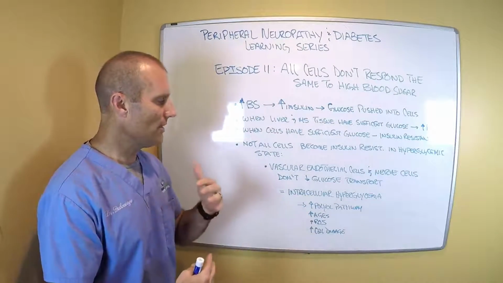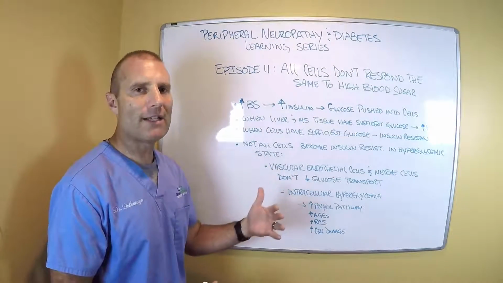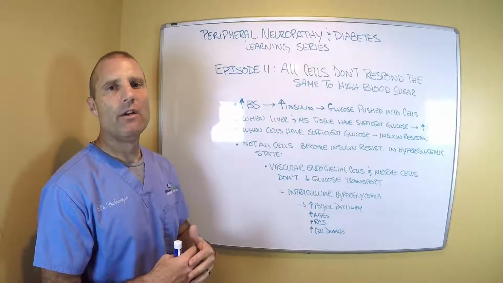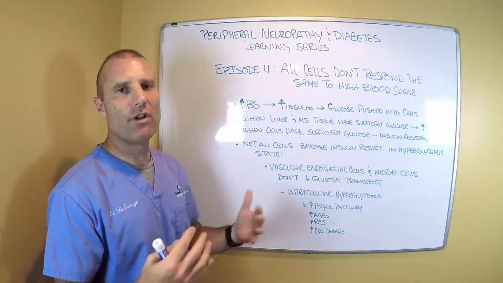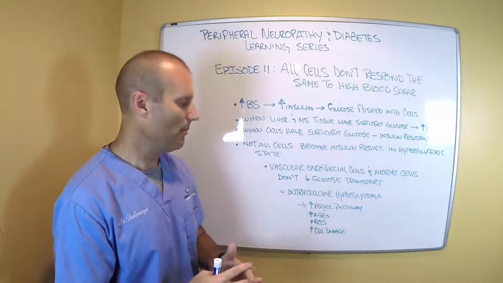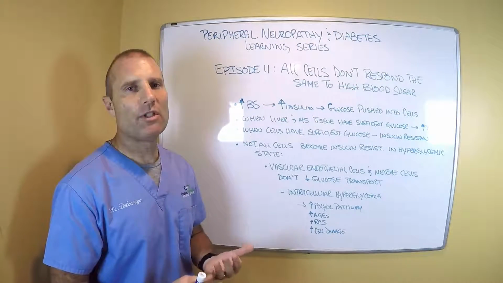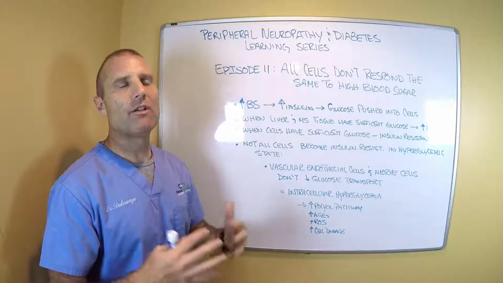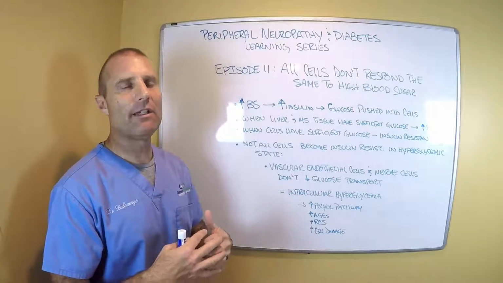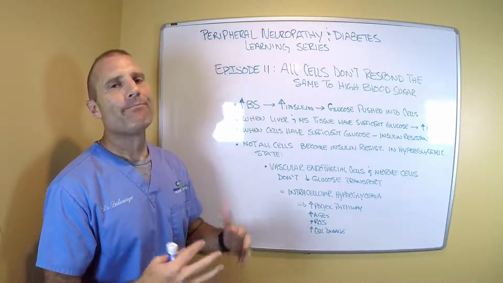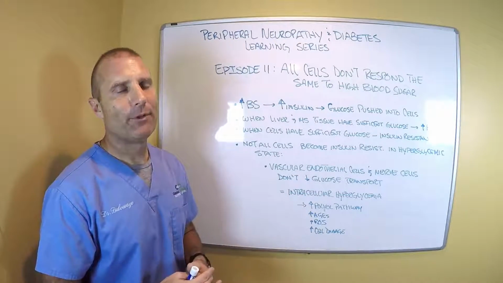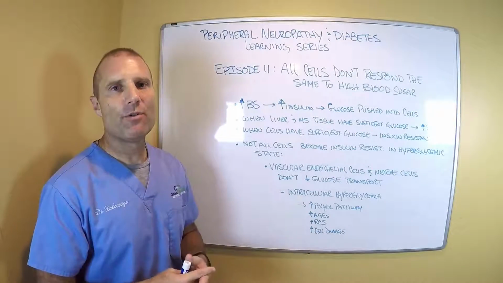It causes damage and destruction to both the vasculature, where we see repair and plaquing on the vessels and arteries, narrowing of those, and increased blood pressure, and at the nerve cell, where we see nerve damage, decreased nerve firing and signaling, slowed transmission, and we get neuropathy. So that was episode 11.